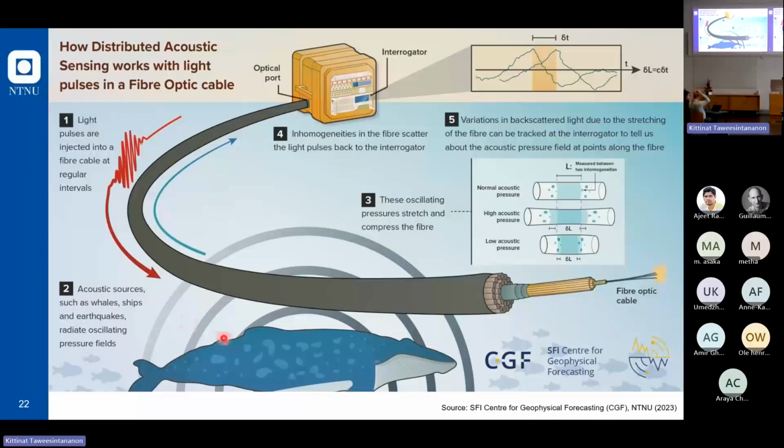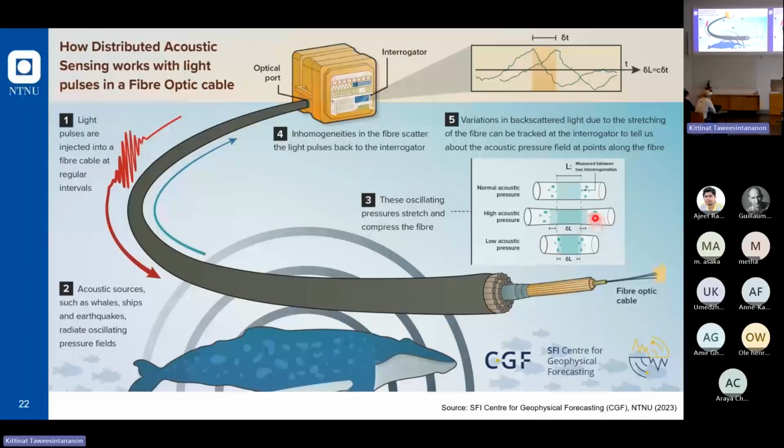And then acoustic sources such as waves, earthquakes, ships, or air guns, impulsive sources that can oscillate or vibrate, shake the fiber.